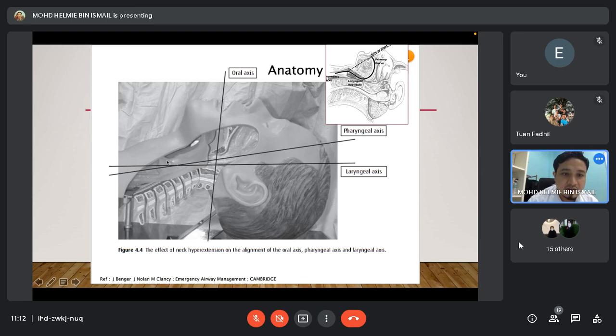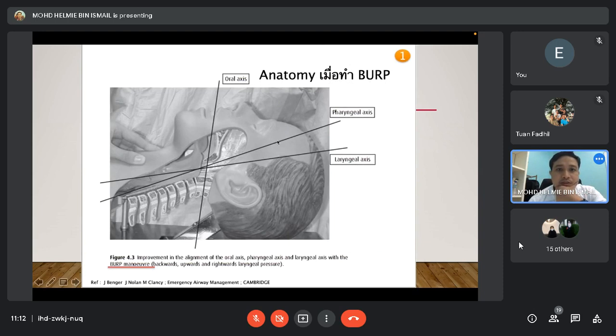So basically you need to flex the neck and also extend the head sahaja. Kalau you hyper extend, you akan obscure it, dia akan tak nampak dia punya laryngeal view. Alright.